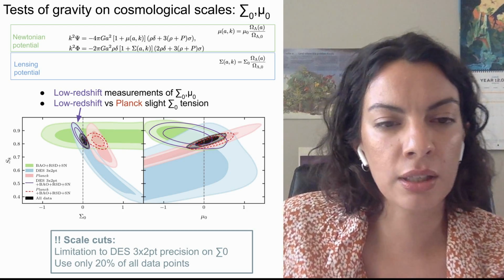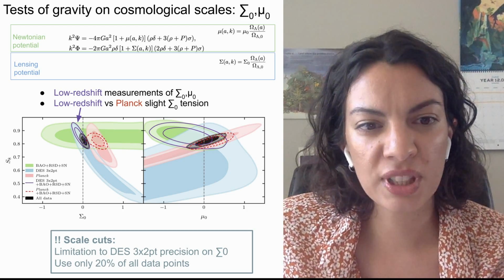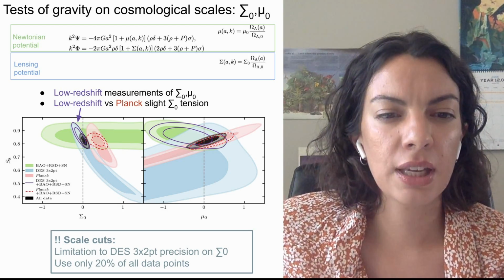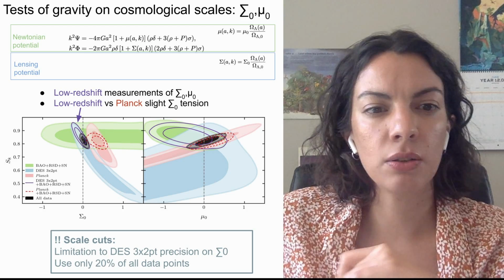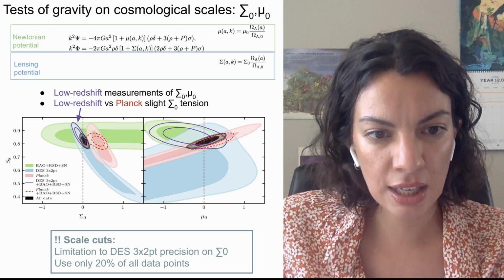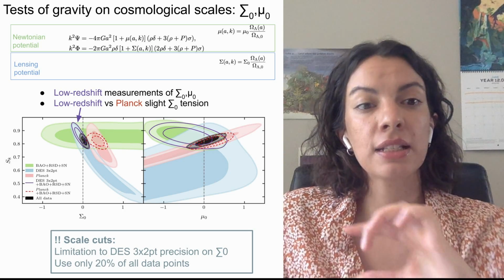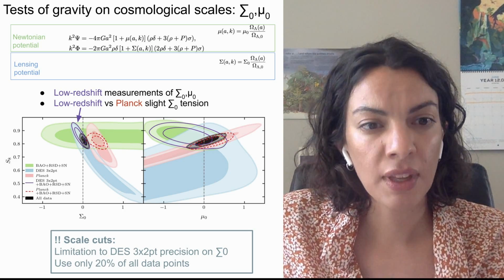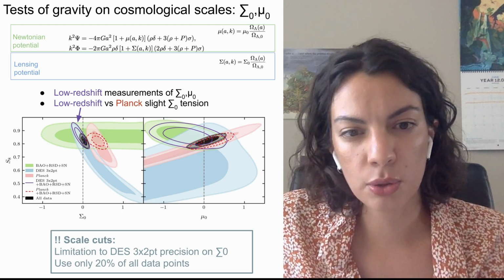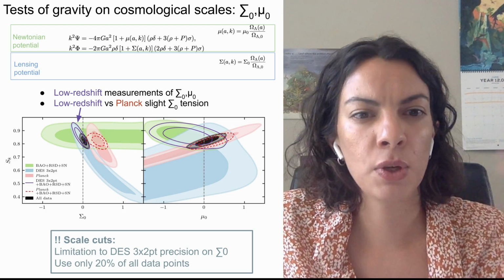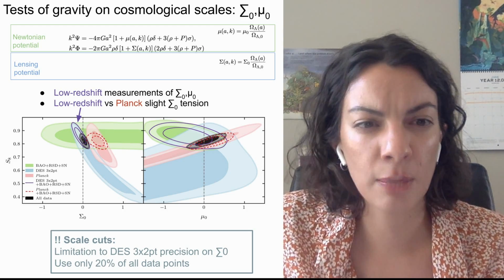One of the few takeaways is that we make a measurement of sigma naught with only low redshift measurements, so with DES, which is in blue, and RSD in green, which constrains mu naught, because as we see, mu naught modifies the Newtonian potential.